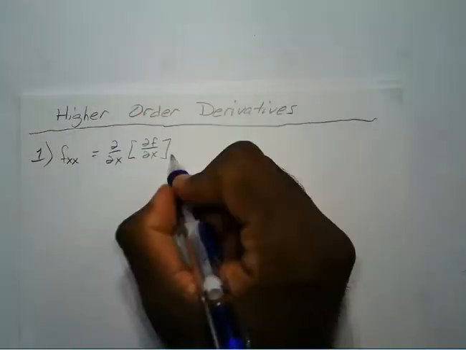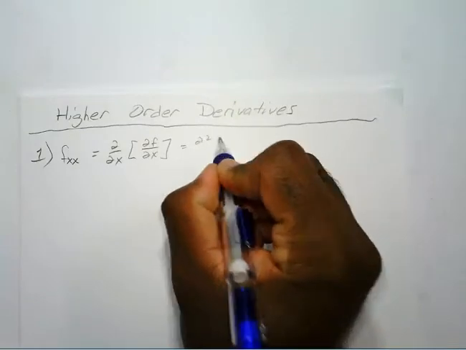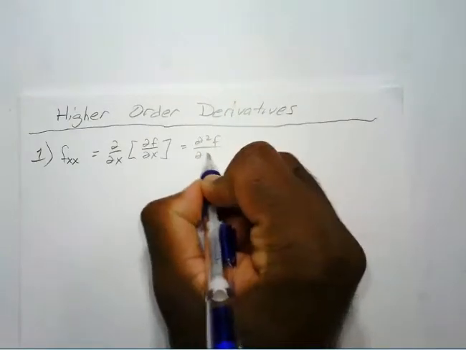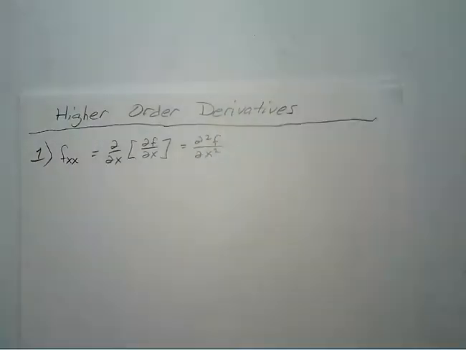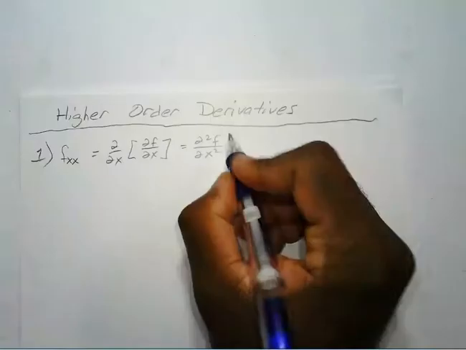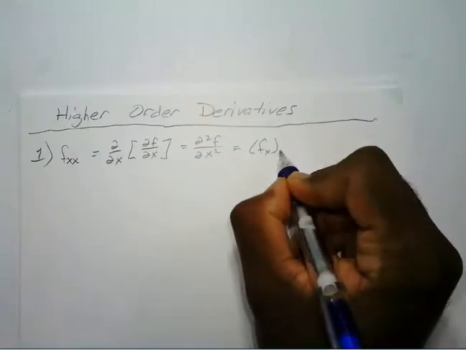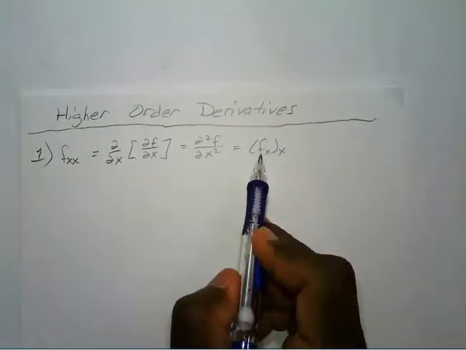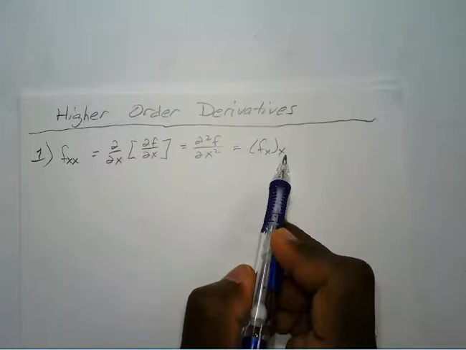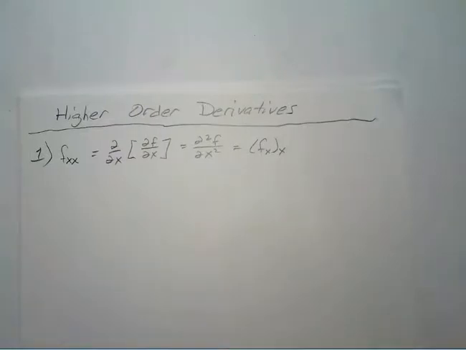Okay. It can also be denoted as the second derivative of f with respect to x squared, which is also equal to the partial derivative with respect to x, and then that partial derivative taken with respect to x again.